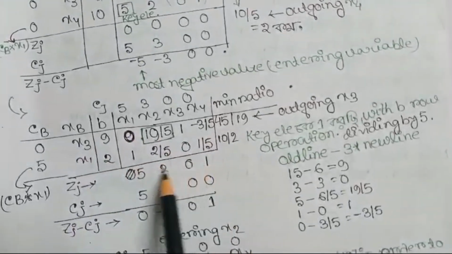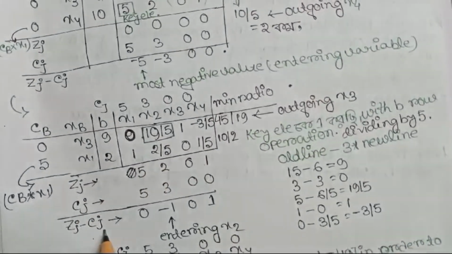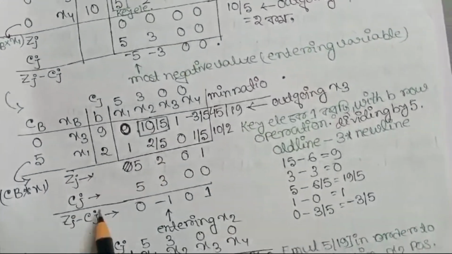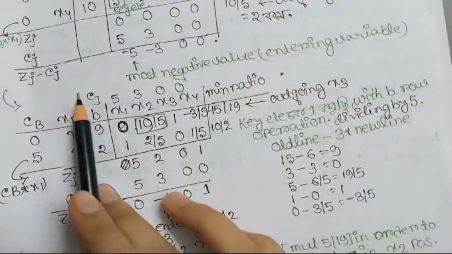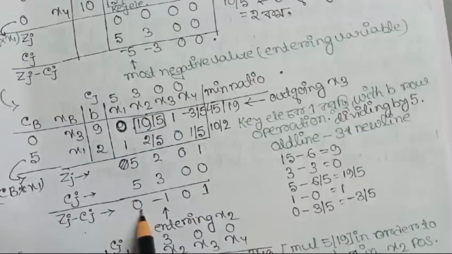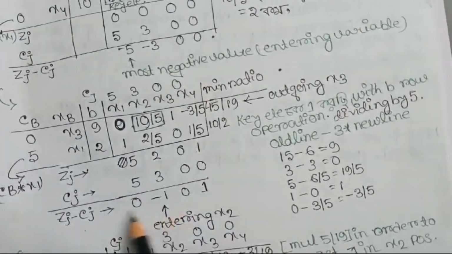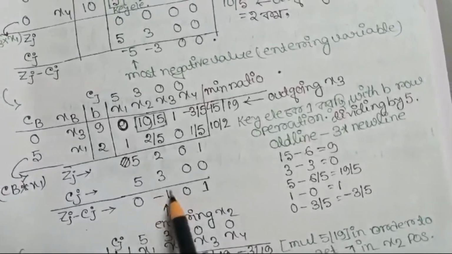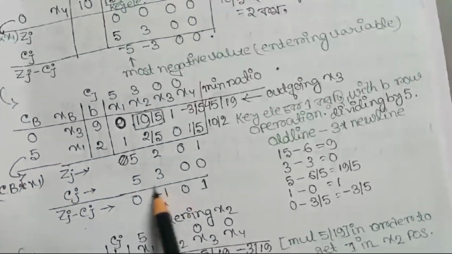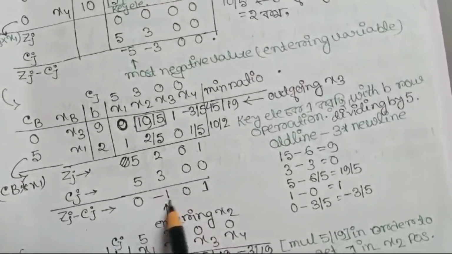Now we have to find out what is the zj minus cj. Like we have done before, in the same way we have to find out zj minus cj, and after that the entering column will be this, as it is the most negative value.